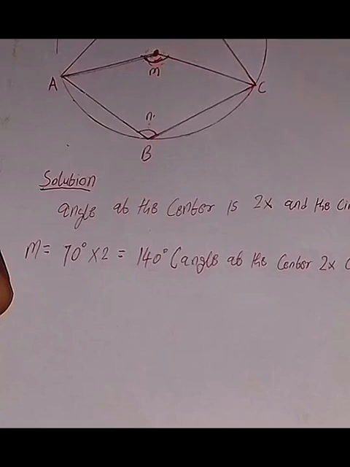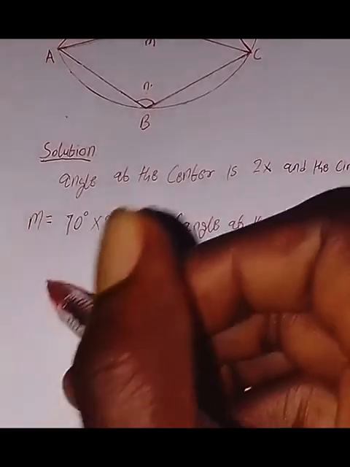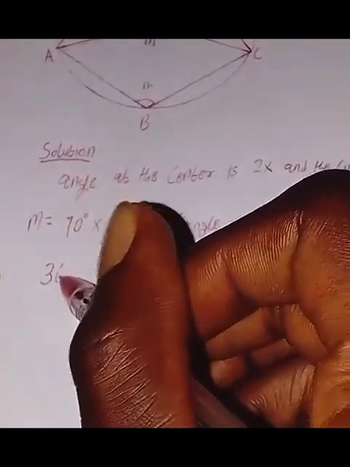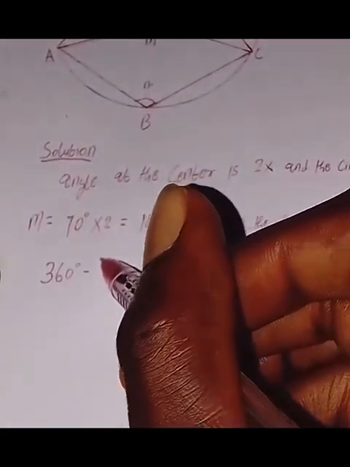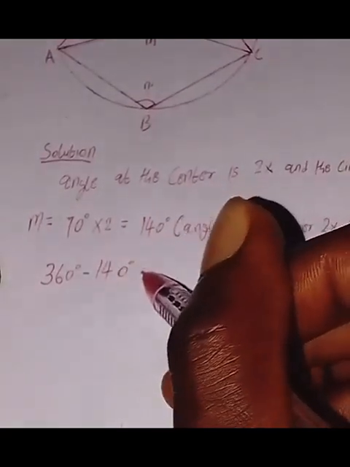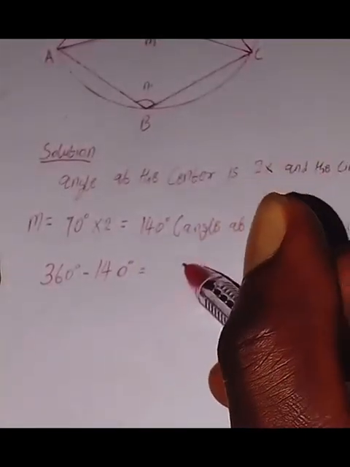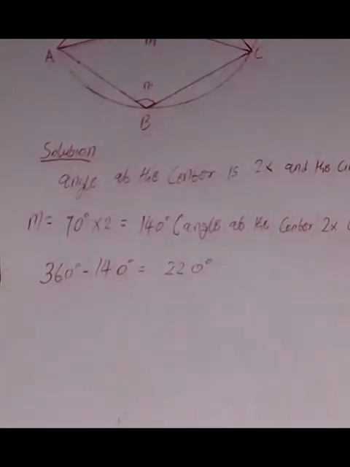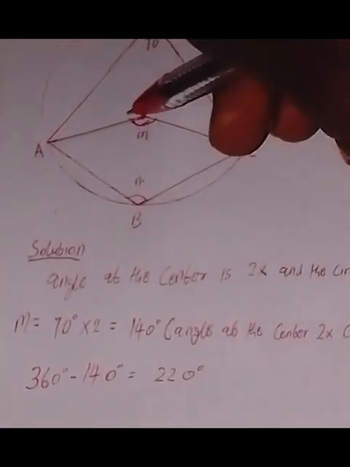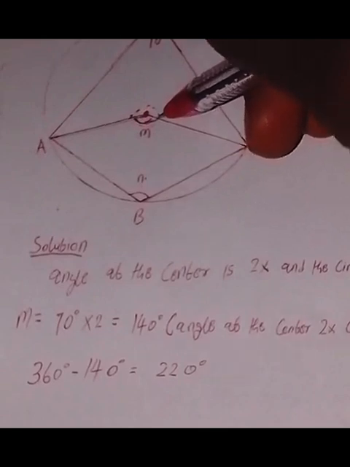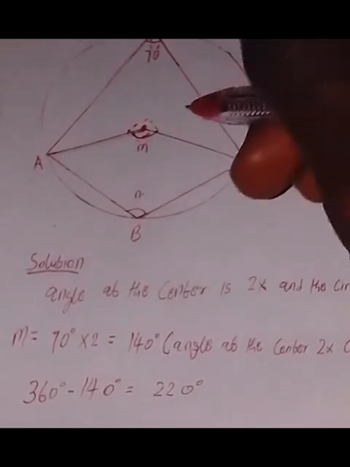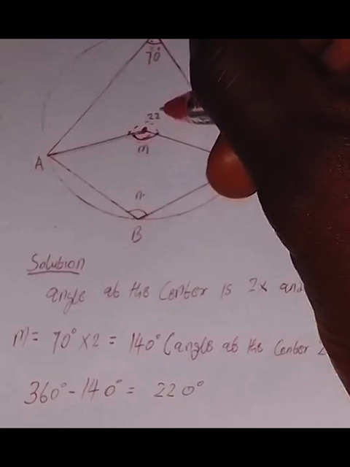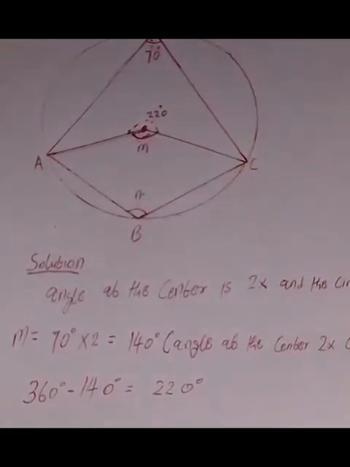So to get the remaining part, it's 360 degrees minus 140 degrees, and that will give us 220 degrees. So the part from here down to here is 220 degrees. That's the answer for here.